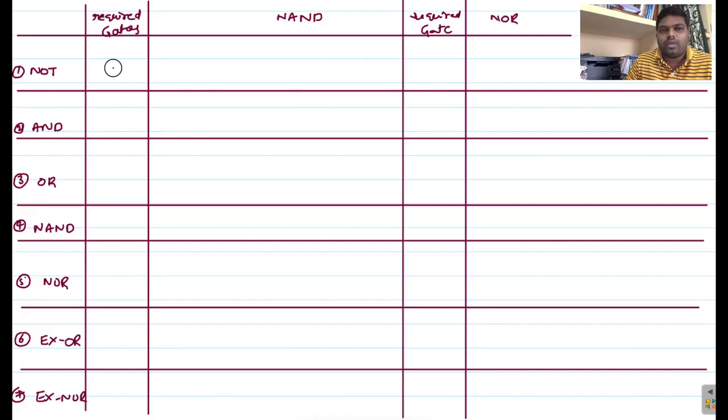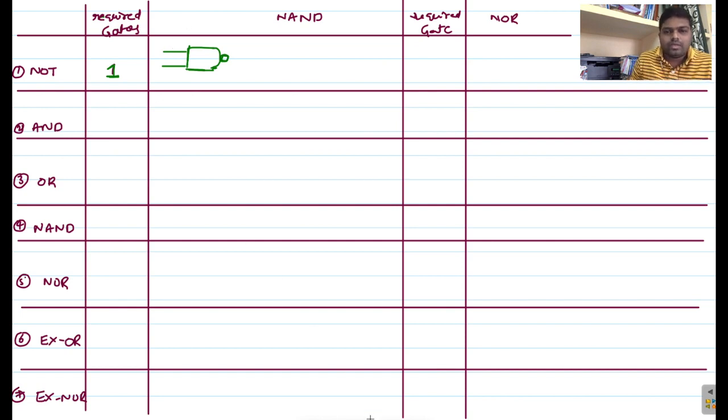So how many NAND gates are required to implement this NOT gate? We require only one. One NAND gate is enough to implement this particular NOT gate. This is our NAND gate, and here we have two inputs. NOT gate means it performs an inverted operation, right?